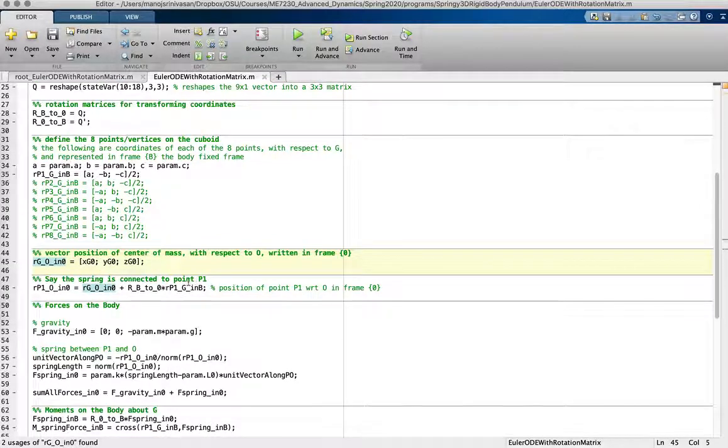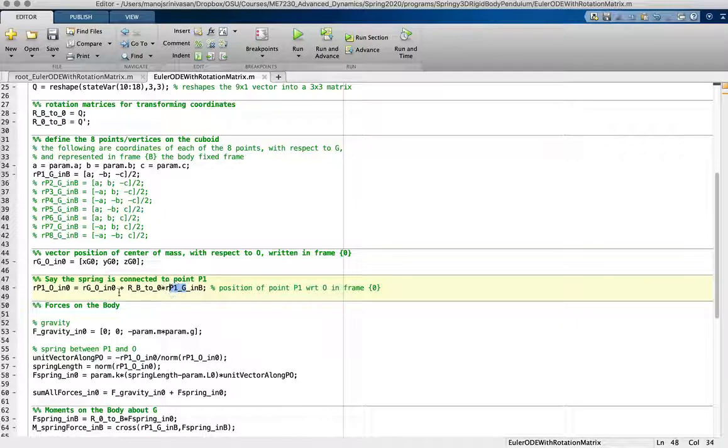Let's say the spring is connected to point 1, P1. So I'm writing here the position vector of point P1 from point O, where the other end of the spring is. The spring goes from O to P1. So R O to P1 is R O to G, basically this quantity, plus R G to P1.